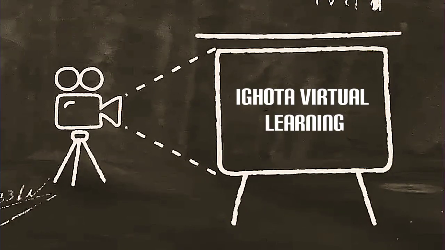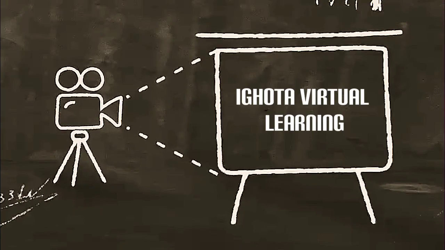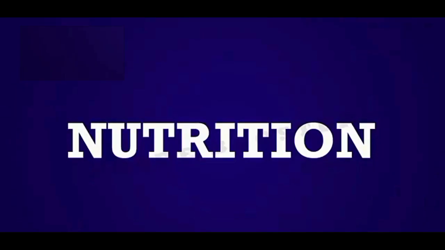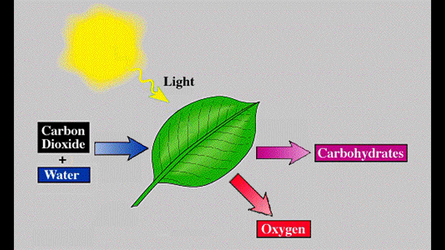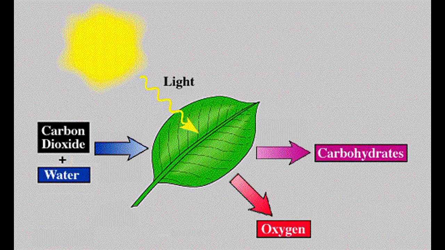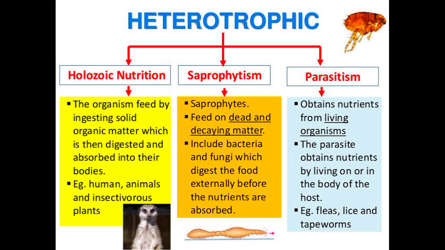In our last lesson, we looked at properties and functions of living cells. We dived deeply into the concept of nutrition, where we looked at autotrophic and heterotrophic nutrition. We discussed in detail the process of photosynthesis in green plants and also the different types of heterotrophic nutrition, focusing on holozoic nutrition.